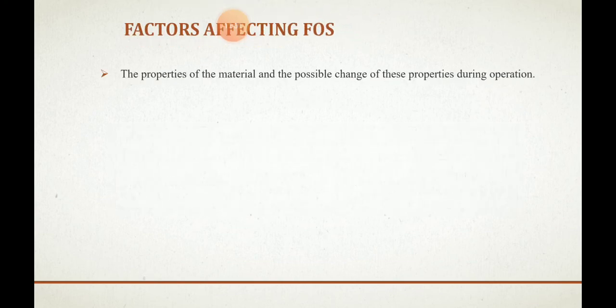Now, factors affecting the factor of safety. The properties of the material and the possible change in the properties during the operation. Of course, it depends upon the properties of the material like the hardness, toughness, brittleness. It all affects the factor of safety. The type of applied load, whether it is gradual or impact, whether you are applying it slowly or suddenly.